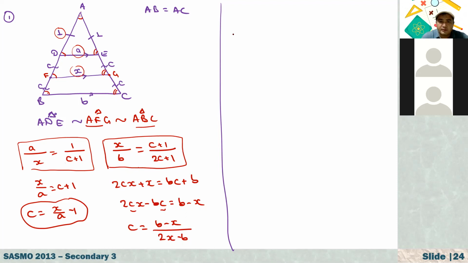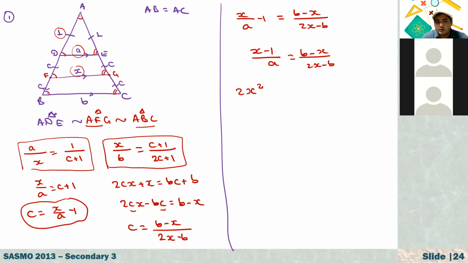So if you just equate them, then here we have X over A minus 1 should be equal to B minus X over 2X minus B. And if you just solve this for X, so what we have here, X minus 1 over A is equal to B minus X over 2X minus B. Cross multiply X times 2X, 2X squared.